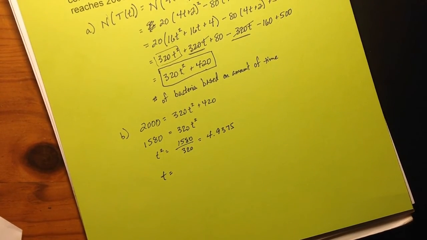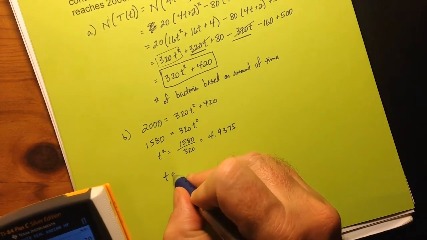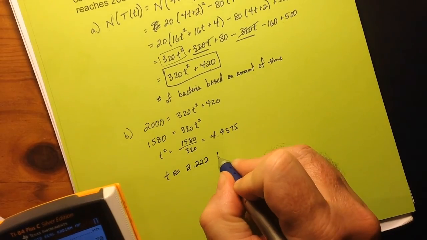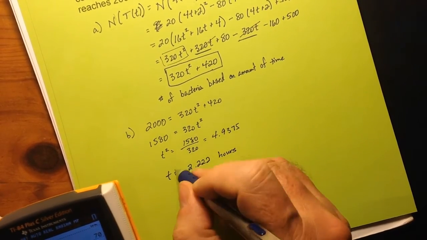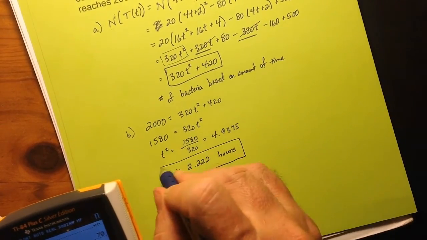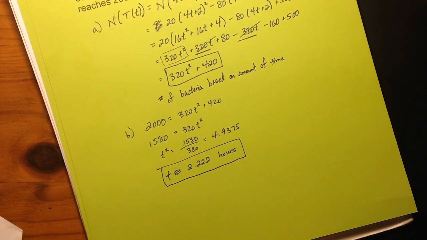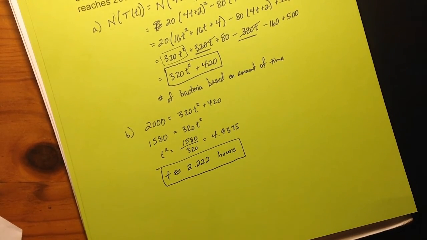The square root of 4.9375 is approximately 2.222, and we're talking about hours here. So in close to 2 hours, 15 minutes, we will have 2,000 bacteria in this refrigerated food, or the food that we took out of the refrigerator.